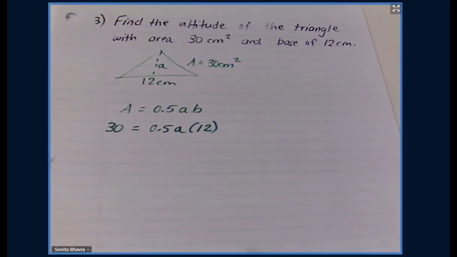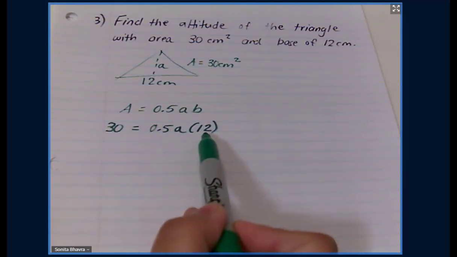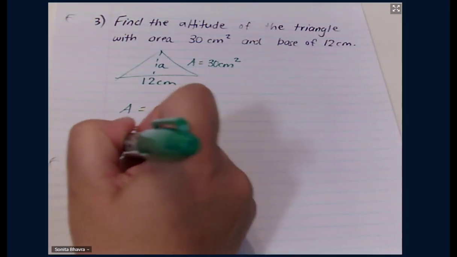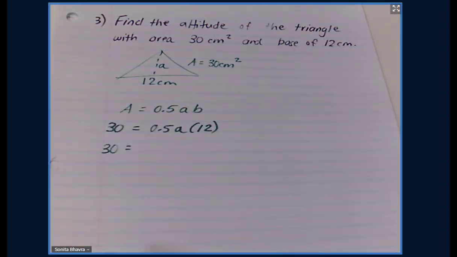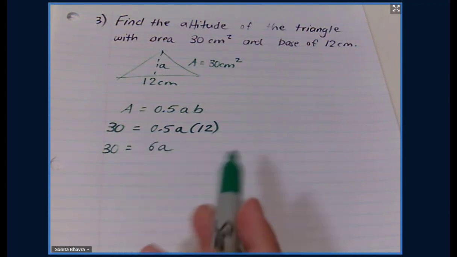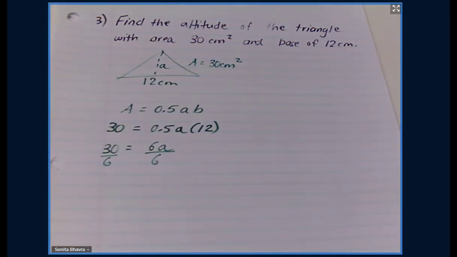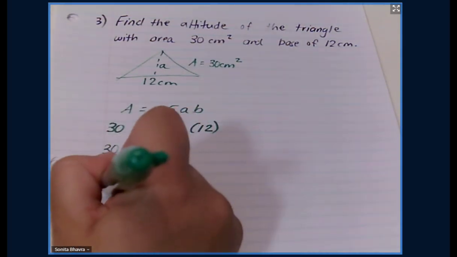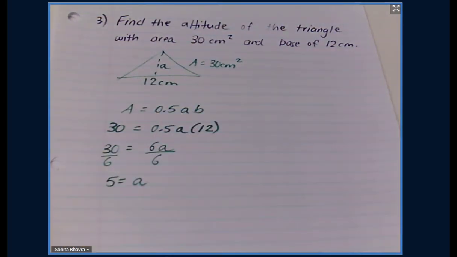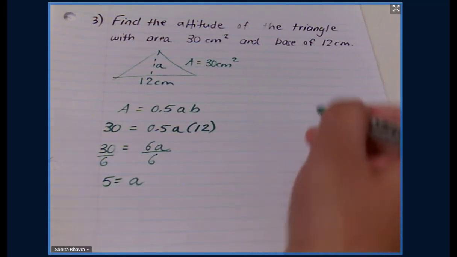All right, so what we can do next is multiply this here. 0.5 times 12 gives me 6A, just like that. Continuing now to isolate A, we're going to divide by 6 on both sides, and that gives me 5 is equal to A. So therefore, the altitude is 5 centimeters.